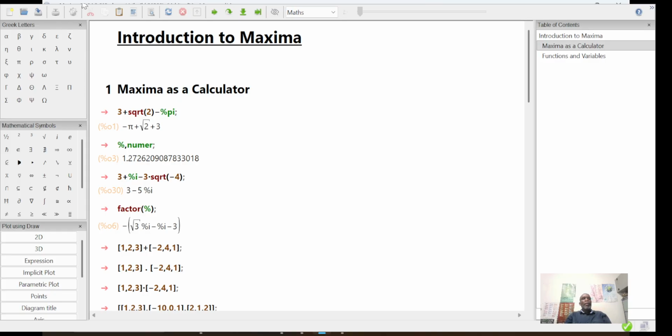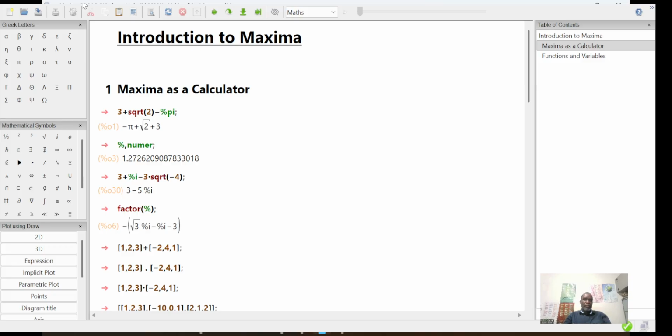Then the third one is about how your Maxima runs itself. This is about the system itself, how you manage your memory, how you start it, stop it, and the other things.